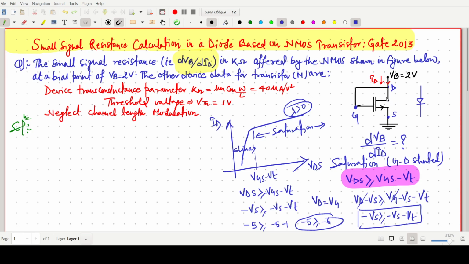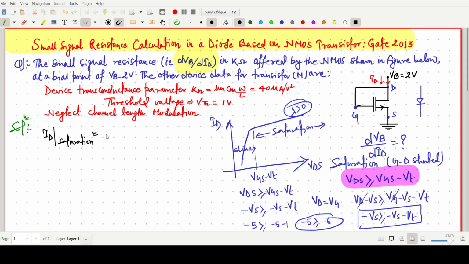So the only current in this is ID. One can write the drain current equation in the saturation region. Mainly it is a very simple question, but we have to know a few concepts.